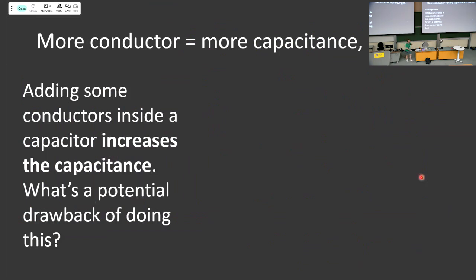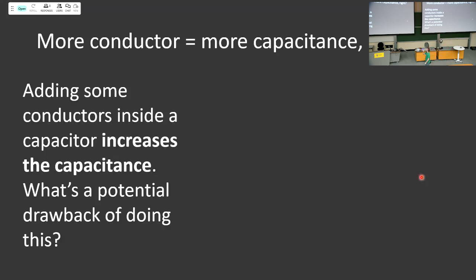So what that means from a vibes perspective is clearly, to get more capacitance, you just put more conductors in it, right? So if I wanted to make this parallel plate capacitor have more capacitance, I could just fill it with conductor. What's a potential drawback to that?